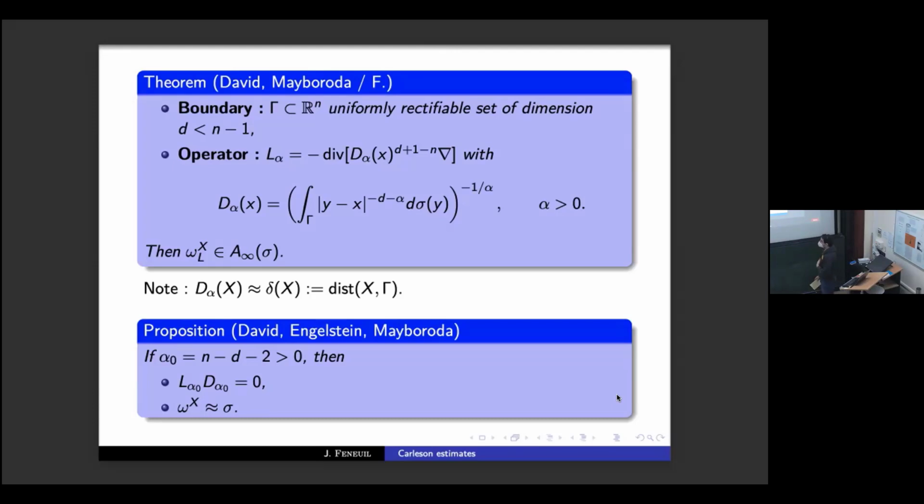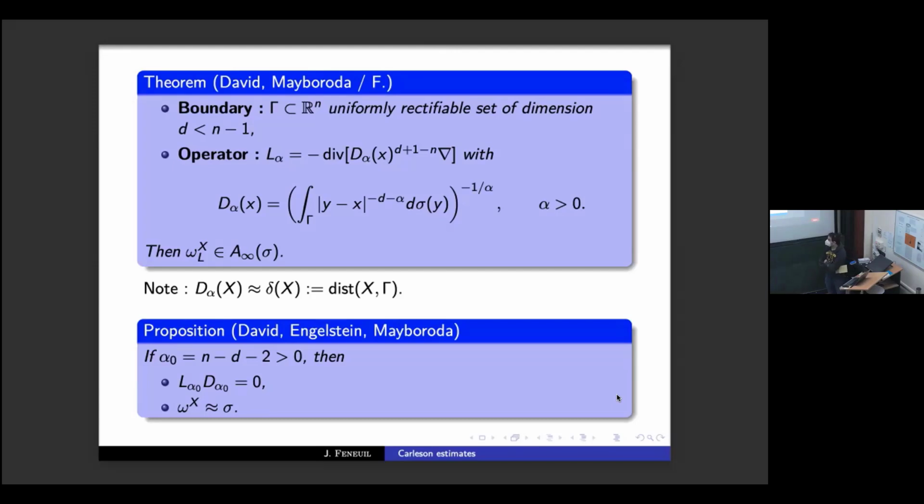Because there is a counterexample from Guy David, Max Engelstein, and Svitlana Mayboroda. So you have a value, which we call the magic alpha, which is n minus d minus 2. So if n minus d minus 2 is bigger than 0, then the distance is a solution of the operator.